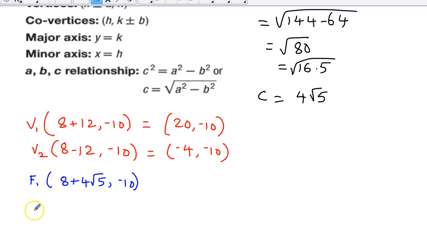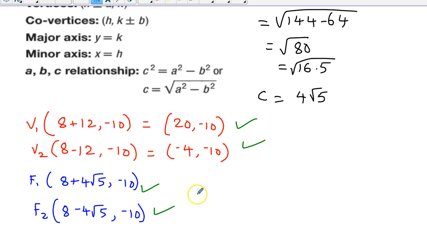So you can just leave it like this. And the second one, F2, is 8 minus, this is the c value, 4 root 5, comma k, that is negative 10. That's all. So we have the first vertex, second vertex, first focus, second focus.